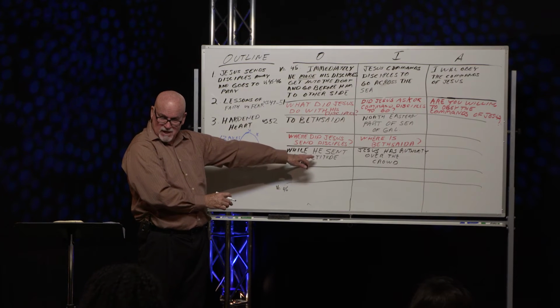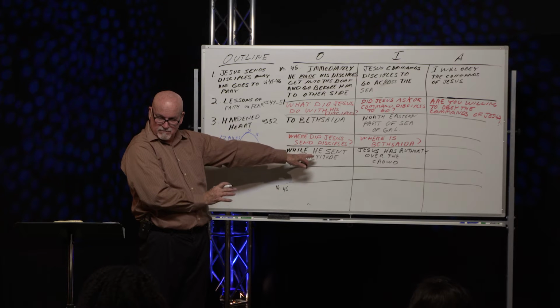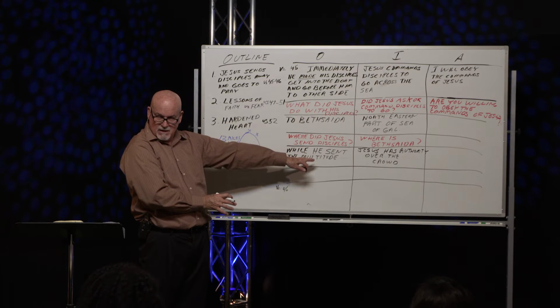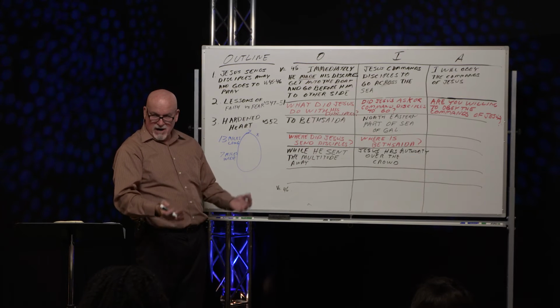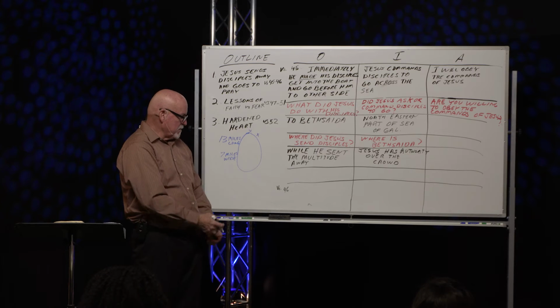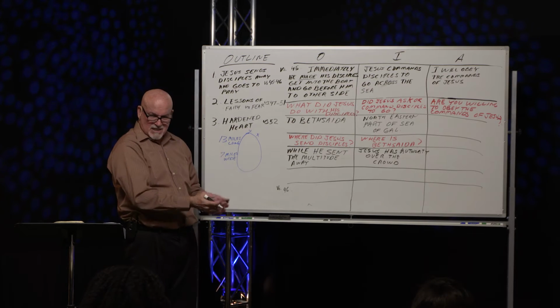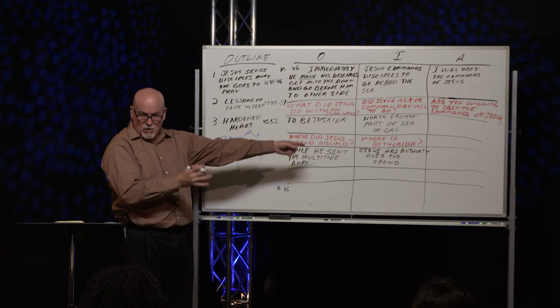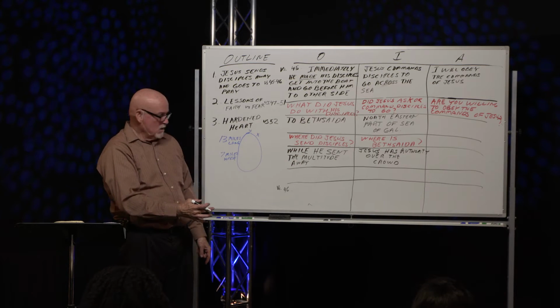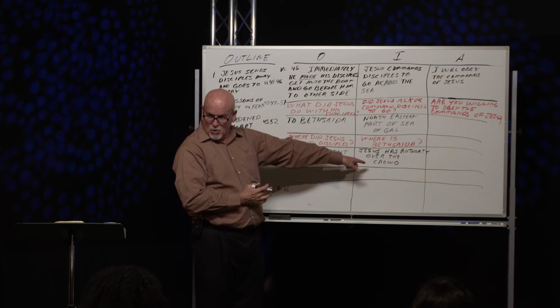How difficult, after feeding those 5,000 plus, how difficult would it be to send them away? They've got a full stomach now, and he's working miracles. People are being healed. There's just all kinds of things going on. It would not be easy to do. So you ask yourself, how in the world did he get them away? Well, you see, Jesus has authority.